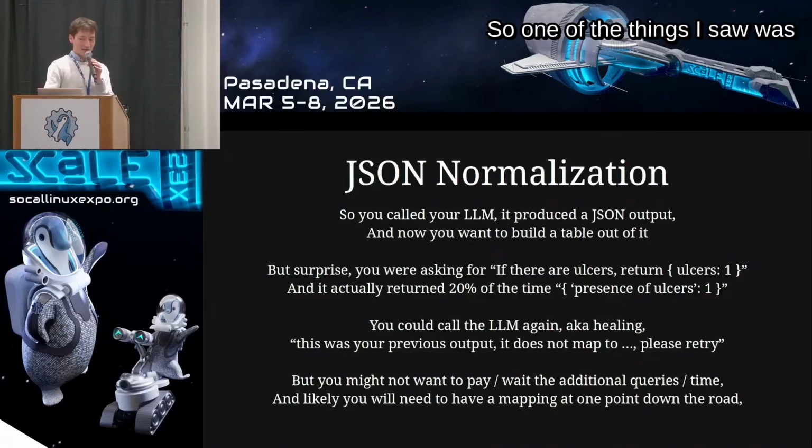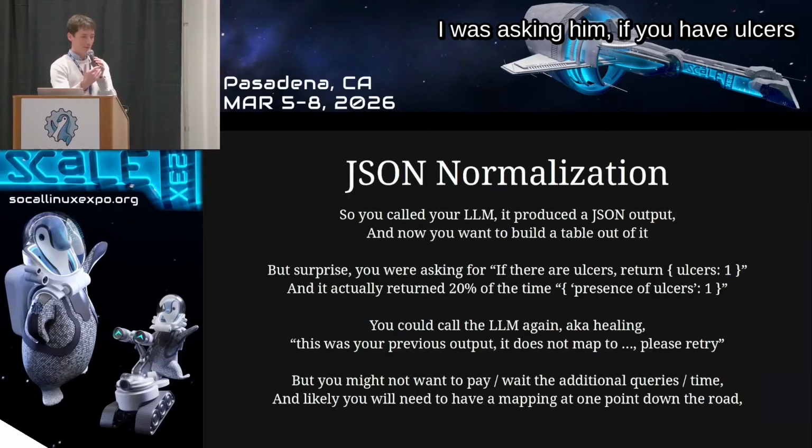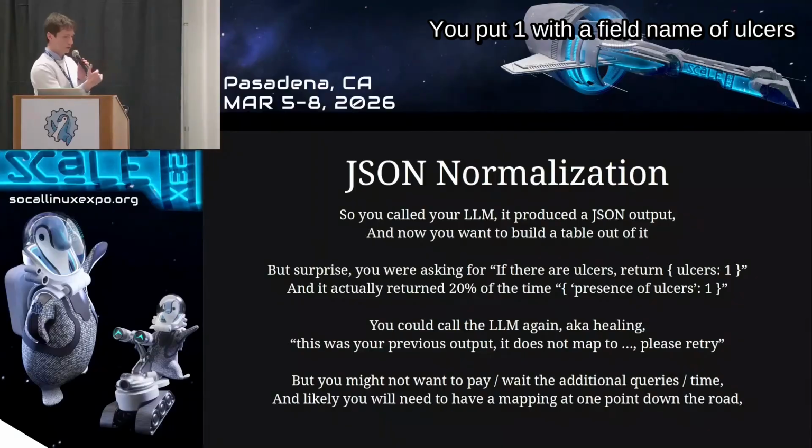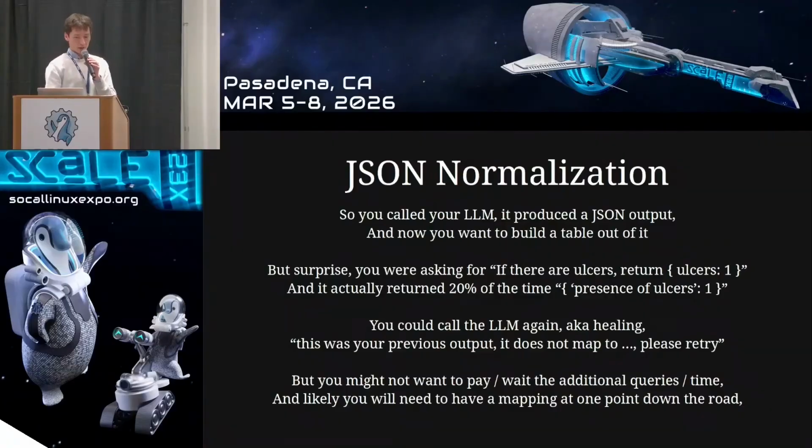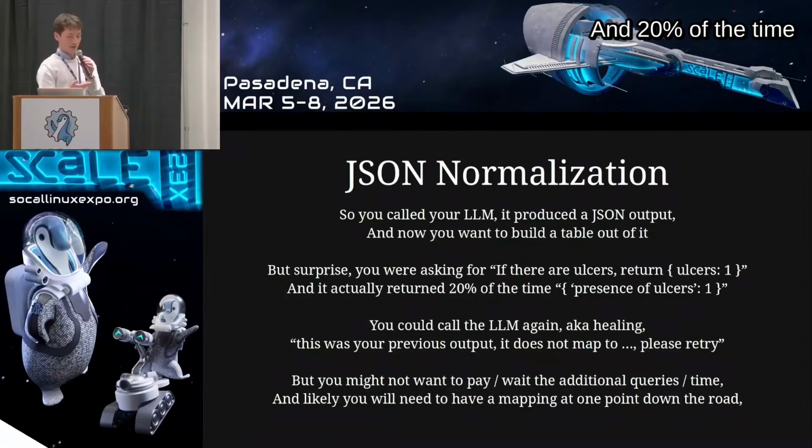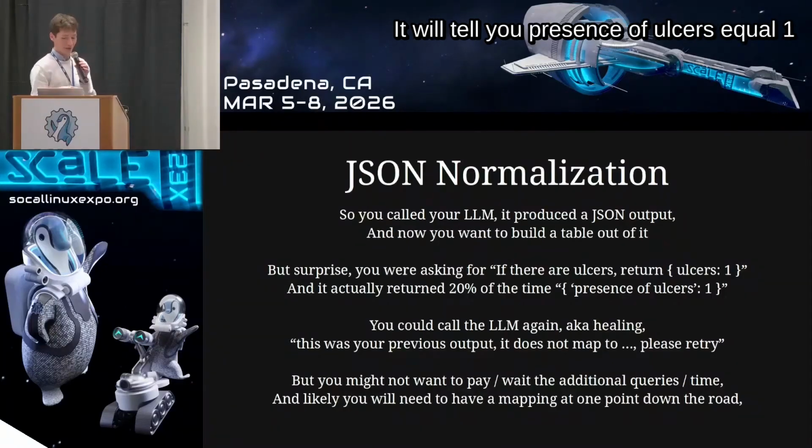One of the things I saw was, I was asking it, if you have ulcers, you put one in the field named ulcers. And 80% of the time it will work, but 20% of the time it will tell you "presence of ulcers equal 1".